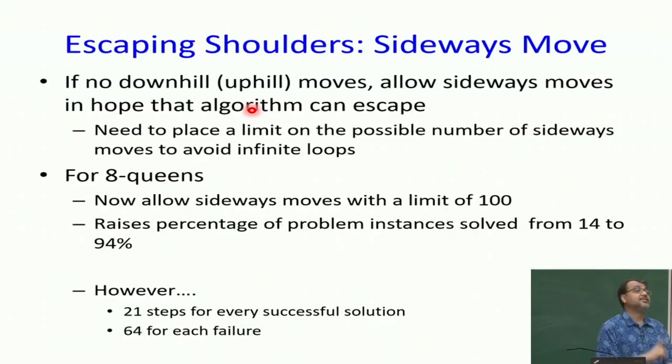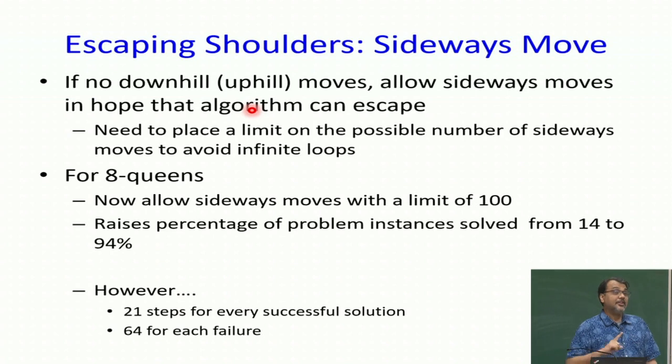And for 8 queens, the question is, how much sideways move do we allow? Do we allow infinite sideways moves, or a little bit of sideways move? So let's say we place a limit on the number of possible sideways moves to avoid infinite loops. Let's say we impose a limit of 100 on 8 queens.